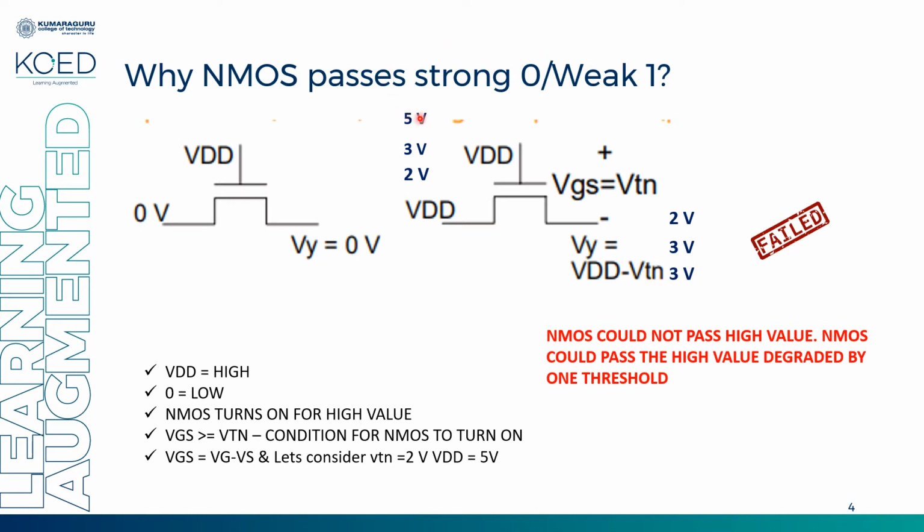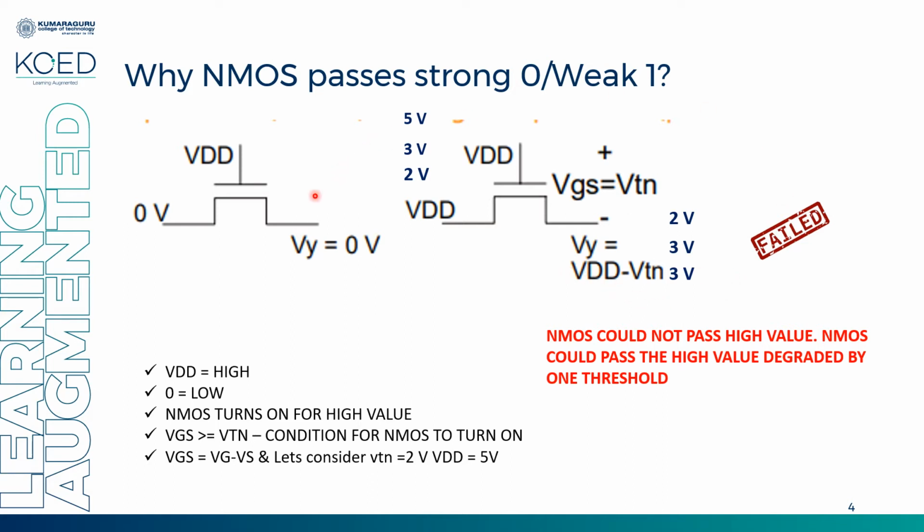Whenever I give a high, I'll be getting a 4 here if my threshold is 1. So here I have retained this 3 volt, that is 5 minus 2 is 3. So I am getting a 3 volt here. So my NMOS cannot pass a strong 1. It can pass only a weak 1.